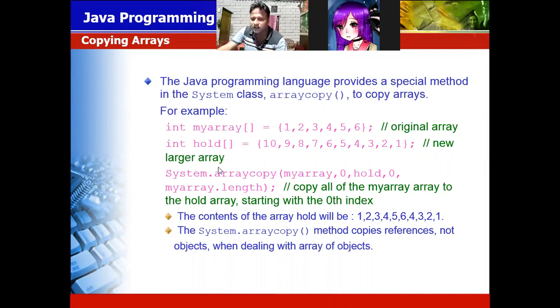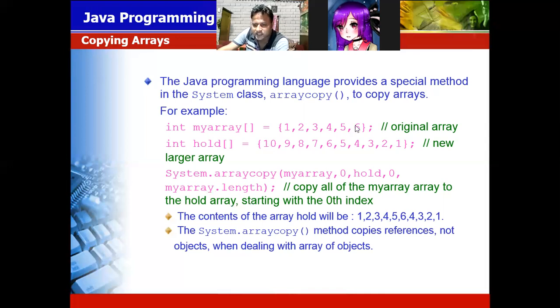So see there. System.arraycopy. Source array is my array. In my array, which location do you want to copy? I want to copy from 0 location. Then I paste where? In the hold array. Hold array which position? 0 position. Up to which extent? My array dot length.